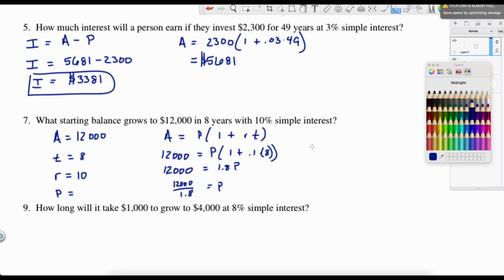And the answer is, our principal is a lot of sixes, and it's rounded up. Okay, so that's the starting balance to grow to 12,000.